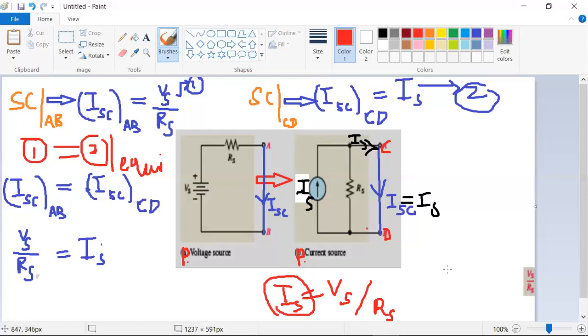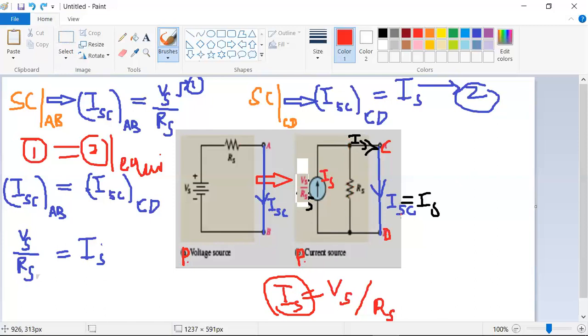So instead of IS, we can write VS, or you can write IS also; both are the same, IS equals VS by RS. You just converted the voltage source to the current source by making a resistance across this circuit. Hope it is clear.